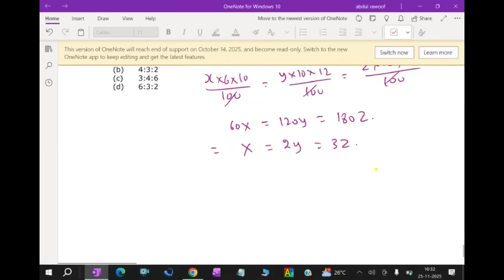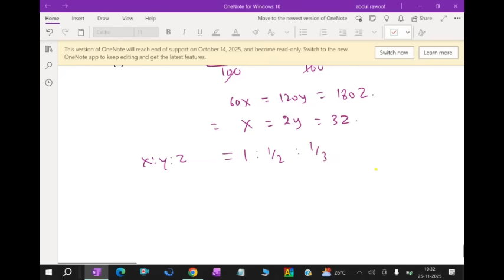Then divide by 6, so x, y, z is equivalent to 1, half, and 1 over 3.